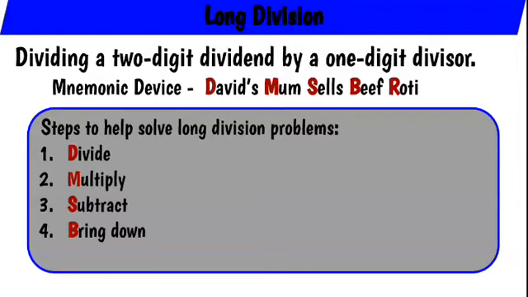Step 4, B, bring down. And step 5, R, repeat. So in our mnemonic device, David's mom sells beef roti, we get the steps: divide, multiply, subtract, bring down, repeat.